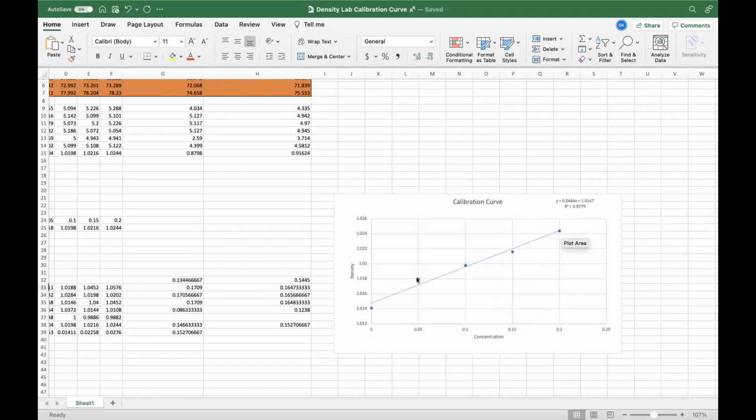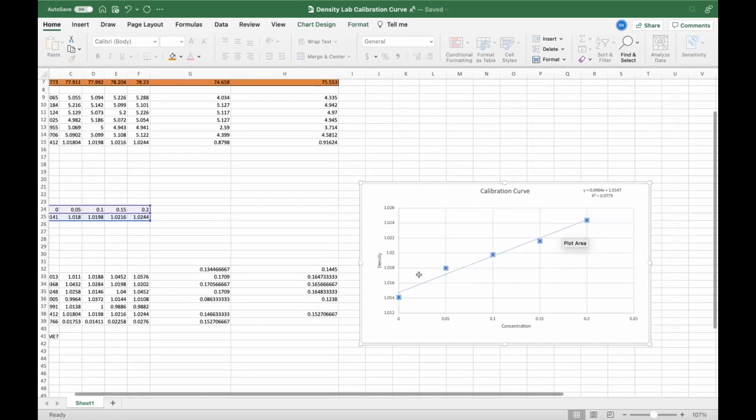Is it the only one we're gonna do? I mean, you just have to choose one. Just choose one. Yeah, so we'll take the 0.05.